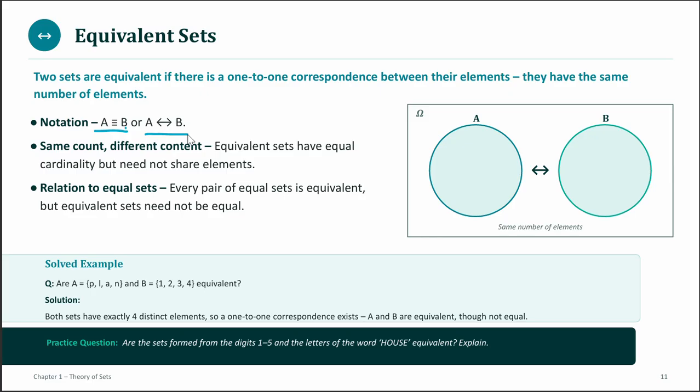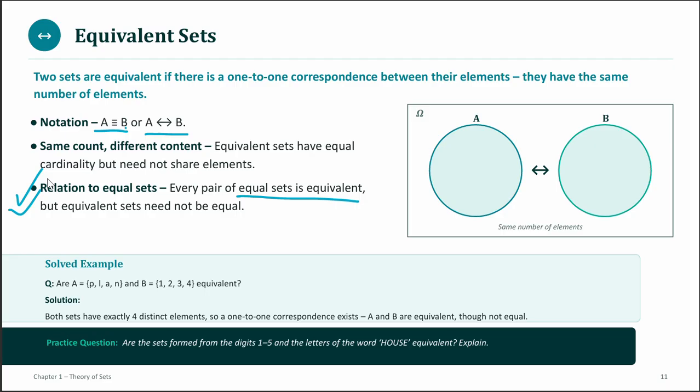Same count, different content. So equivalent sets have equal cardinality. They share the same number of elements, but need not share elements. Every pair of equal sets is equivalent, but equivalent sets need not be equal. You have to remember this. These are very important concepts.